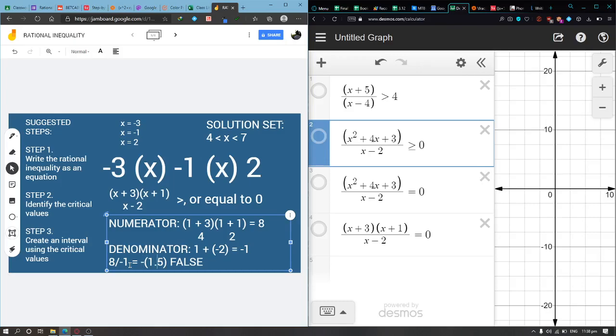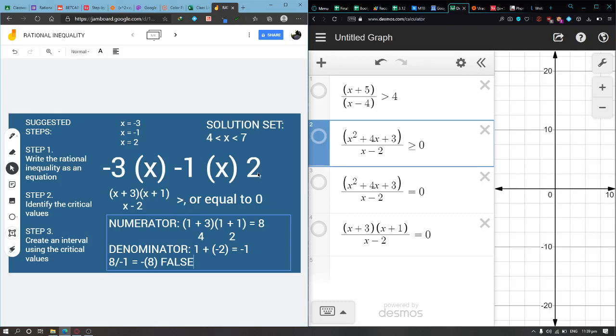And 8 over negative 1 is equal to 8 divided by 1 is equal to 8. And since ang numerator mo ay positive, ang denominator mo ay negative, it is different sign. Your quotient will be negative and therefore it is also false. Hindi na satisfy yung ating equation because negative 8 is not greater than or equal to 0.